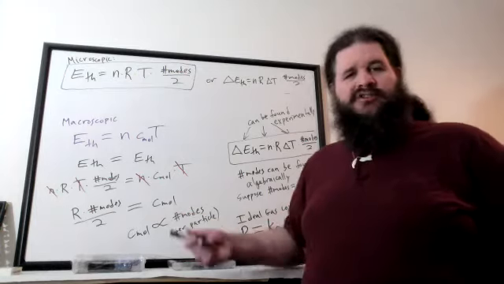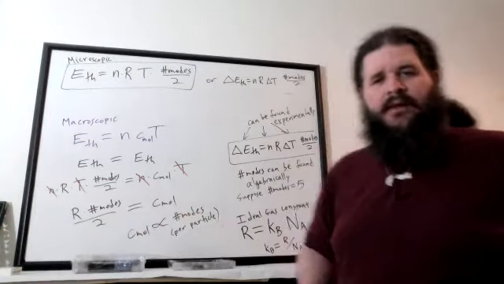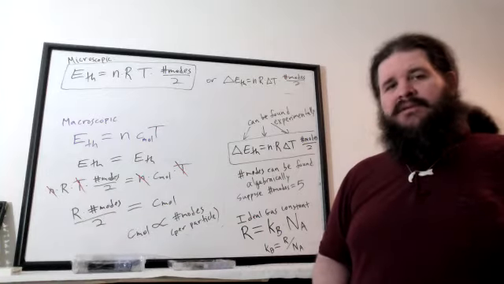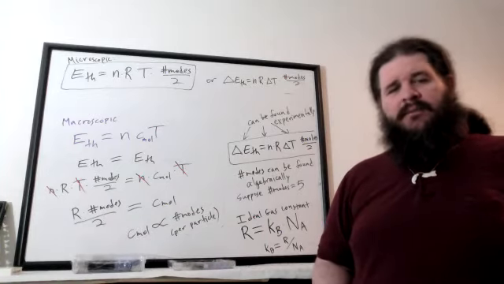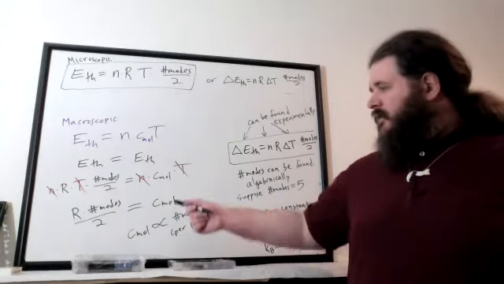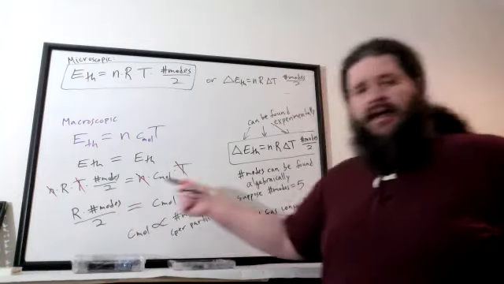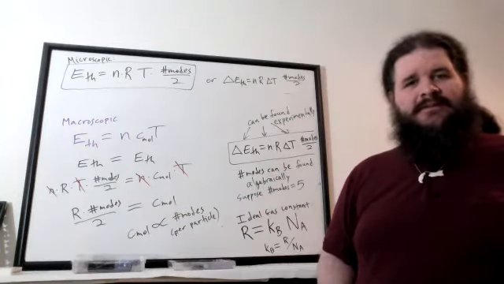And the constant of proportionality is just R over 2, ideal gas constant over 2. So we can use this to rapidly predict what molar specific heat we should expect for any substance we want. As long as you know the number of modes, you can just multiply that by R over 2, and that tells you the molar specific heat.